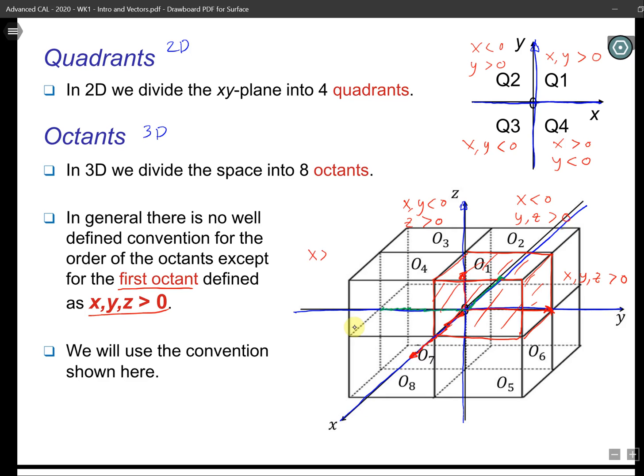X positive, y negative, and z positive. So this is the last box on the top row, octant 4. And you can repeat this again when z is negative. Down here, z is negative, less than 0, and we get octant 5, octant 6, 7, and 8. Right? So, just regions in the space.